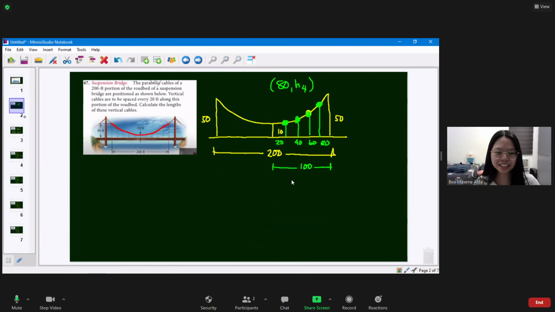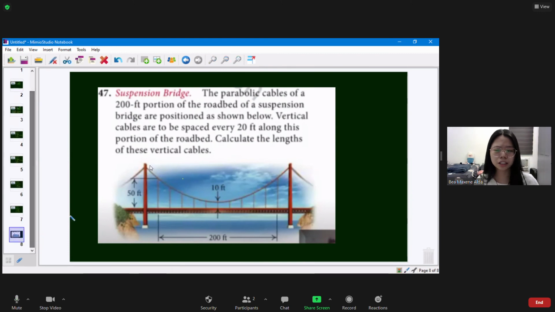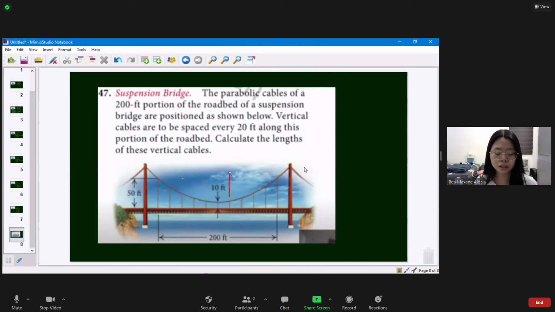That's pretty much it. So, onting recap, kung para masaya. So, ang ginawa natin, binalikan natin, inanalyze natin yung question. Tingnan natin yung cables. Parang mukha siyang parabola. And that's what we did. We used it into a parabola.